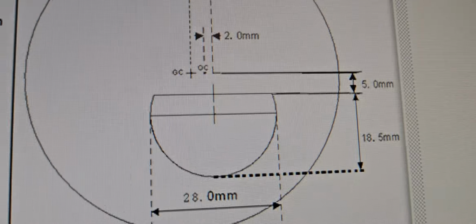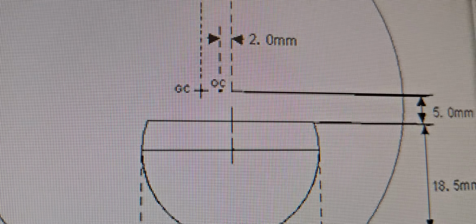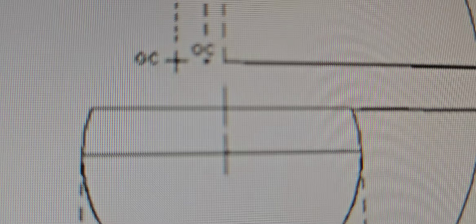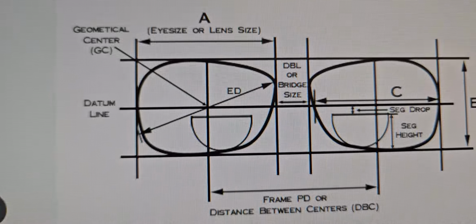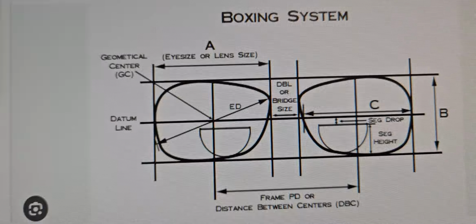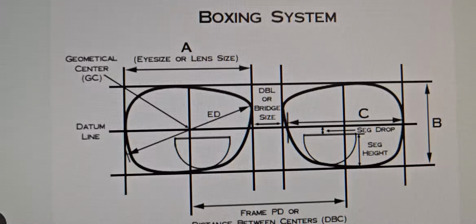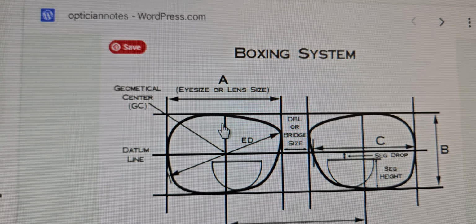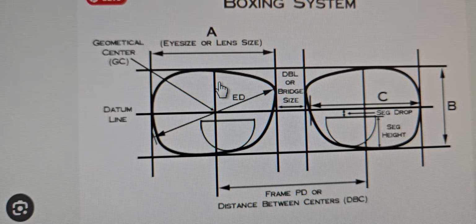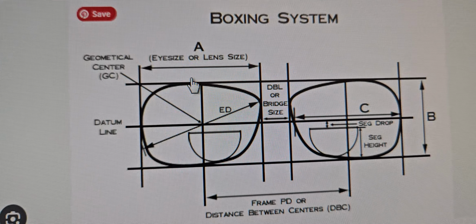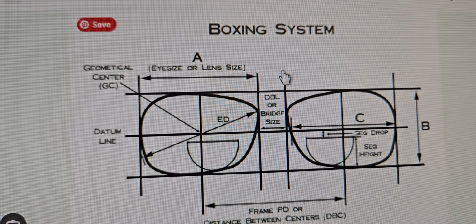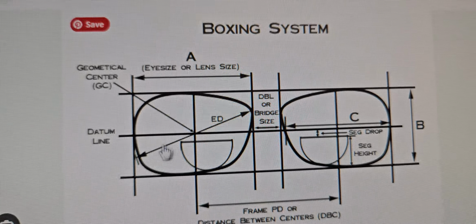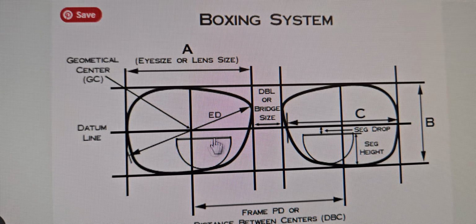And if you are confused between GC, geometrical center, and optical center, this one also. In this figure you can see geometrical center and optical center. So when the B size, that is vertical, right? This is the B size and this is the A size, and this is the effective diameter, the longest distance in the lens.